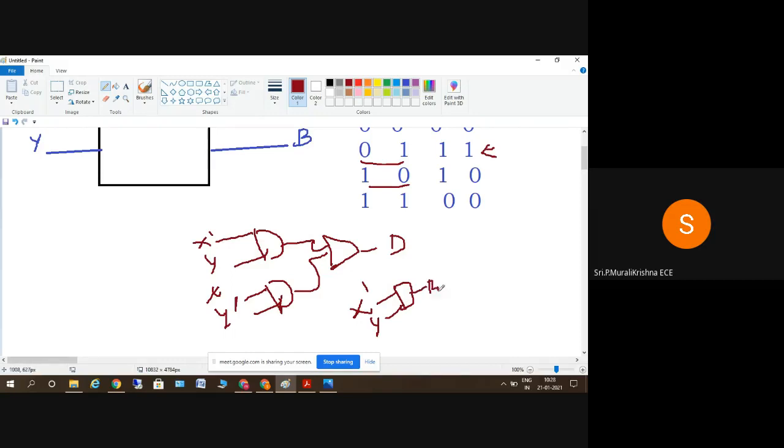This is borrow. Okay, and if I want to implement it with the help of an exclusive OR gate, it will be like this: exclusive OR of x and y. And the borrow is x bar y, so I'll use an inverter here.